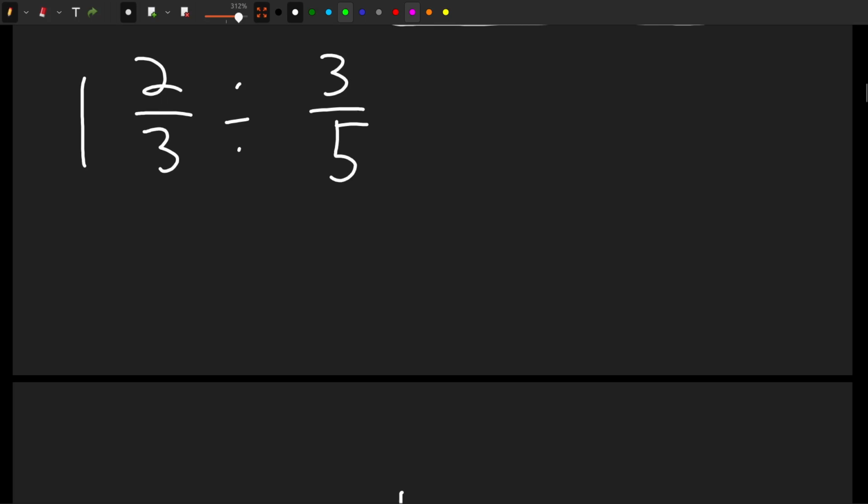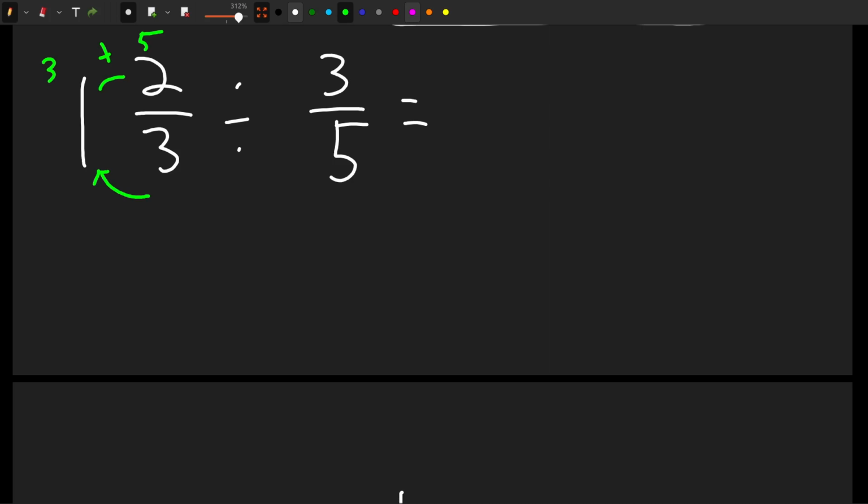Okay, next example here. All right, here's where things get a little bit more tricky. I've implemented a mixed number for the first fraction here. So when you're working with fractions, you need to first change the mixed number to a fraction. So if we remember how to do that, 3 times 1 is 3, and then adding the 2, we will get 5.